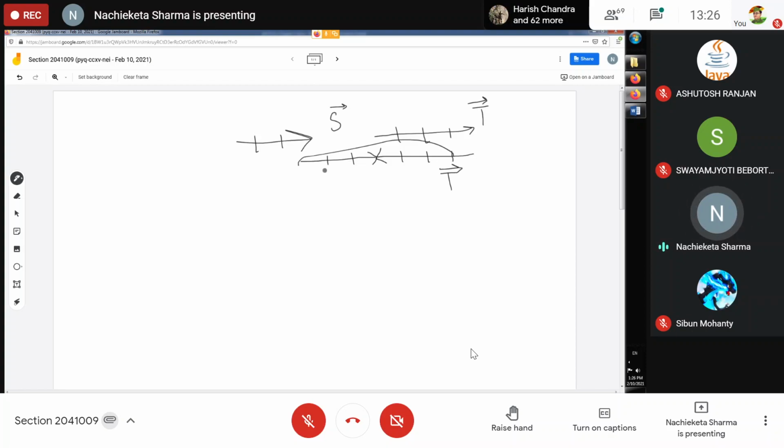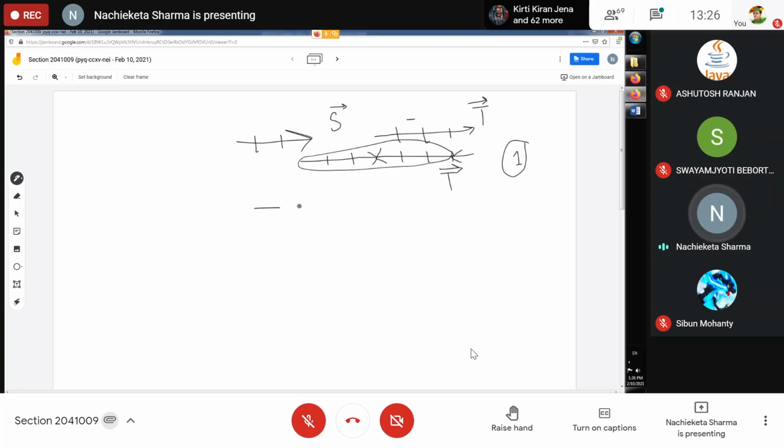All these 3 minus 3 will get cancelled and you will be left with a 1 vector. This vector has magnitude 1. So S minus T magnitude is 1. That is possible when the vectors are directed along the same direction initially.